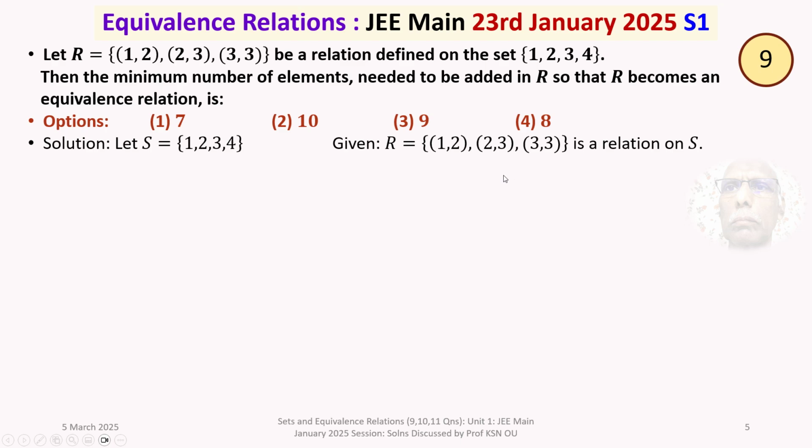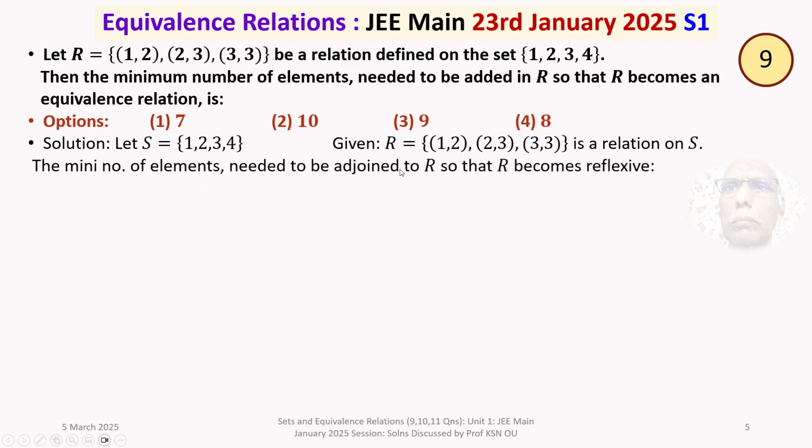Now, the minimum number of elements needed to be adjoined to R so that R becomes reflexive. First of all, we take this R. Is this R an equivalence relation? No. So, to make this R an equivalence relation, we will adjoin those ordered pairs to R so that R becomes reflexive.